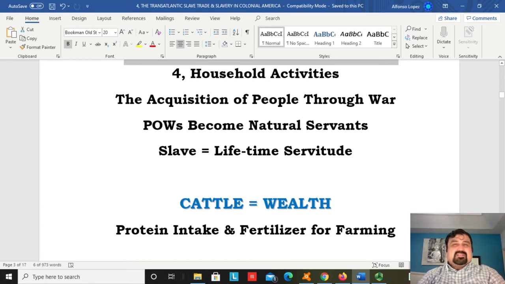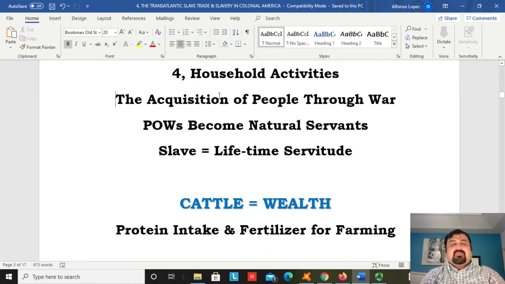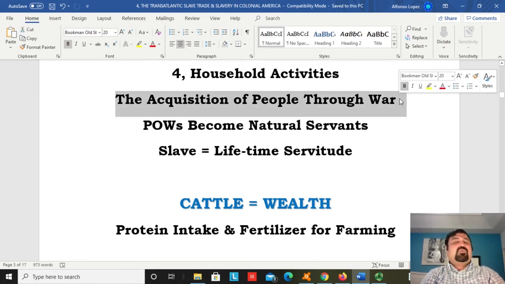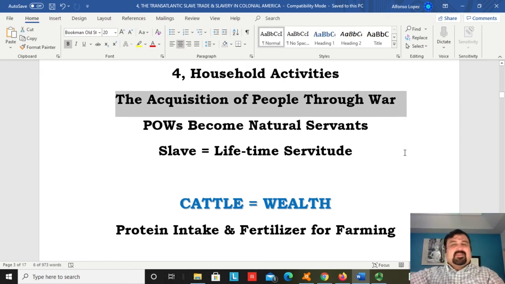The rule was that the acquisition of people for servitude occurred through warfare, through war, that is to say. It was very common. And that happened because in many instances, a specific chief was losing a lot of its followers, a lot of population. Of course, you have a population in decline.